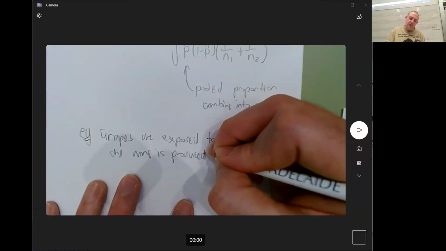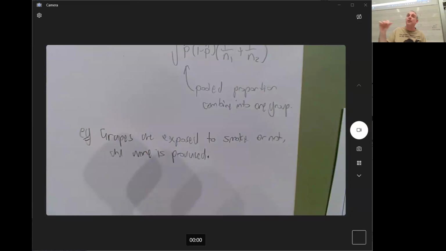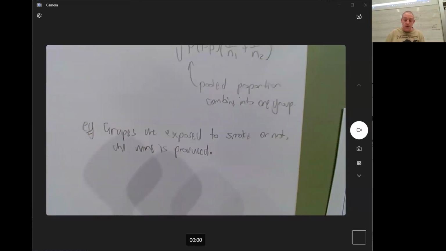So there are two situations. We have wine that was made from smoky grapes and wine that was made without smoky grapes.